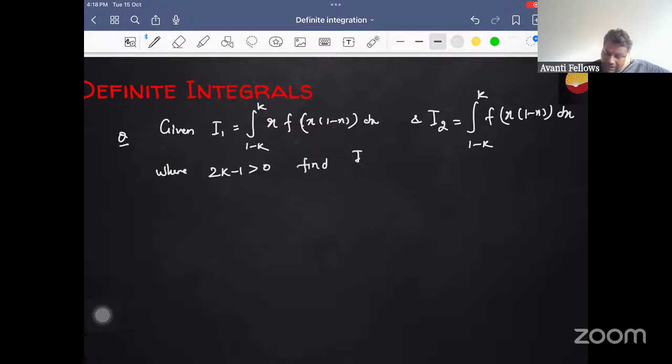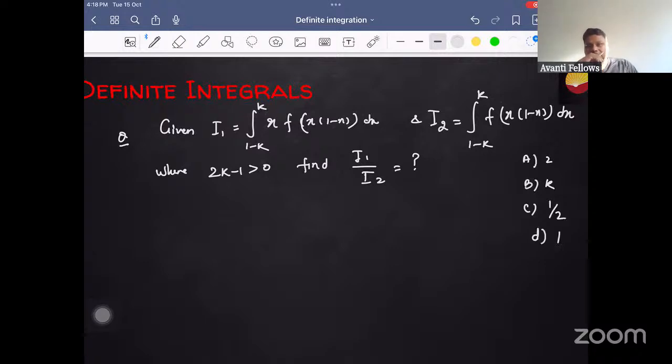Then find I1 upon I2. Options are A: 2, B: k, C: 1 by 2, D: 1. Quickly do it.